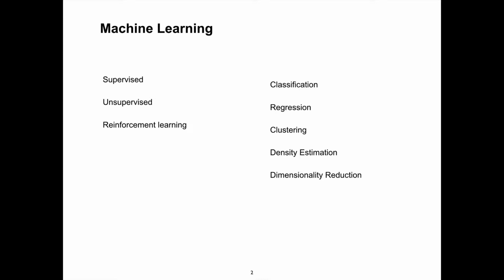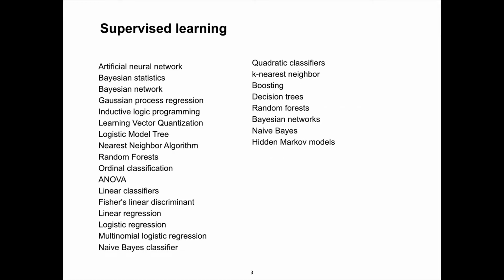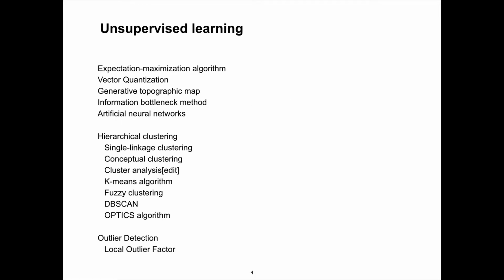So this group represents something, this group represents something. I'll talk about this a little bit later. And there's all kinds of algorithms to do supervised learning, and just a whole long list. Unsupervised learning, we'll look at some clustering, k-means algorithms.